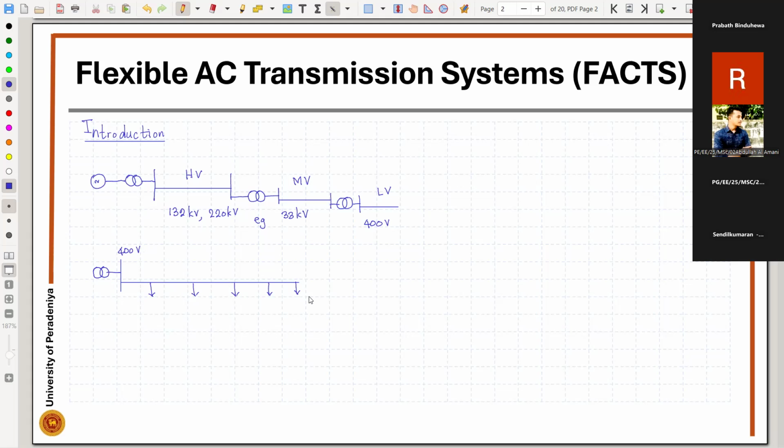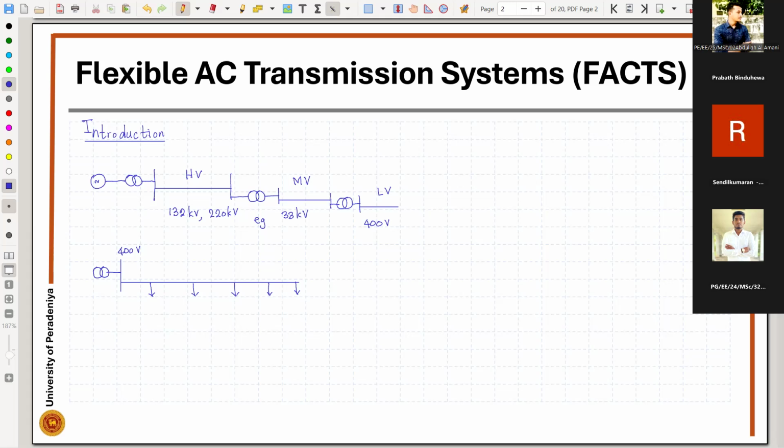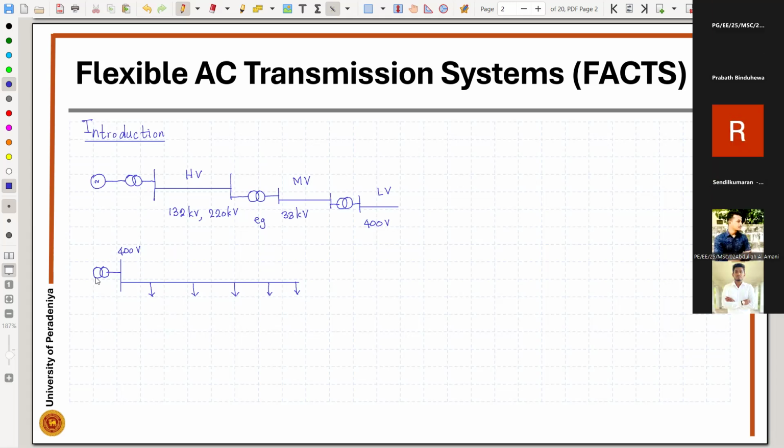Now, can you raise your hand if your house is located near the transformer? Okay, there is one person who says the home is located near the transformer, so you can lower your hand.